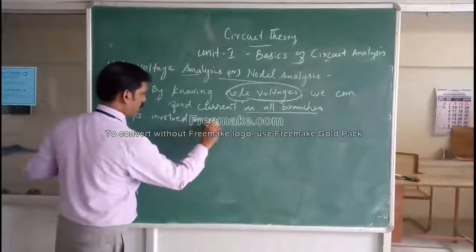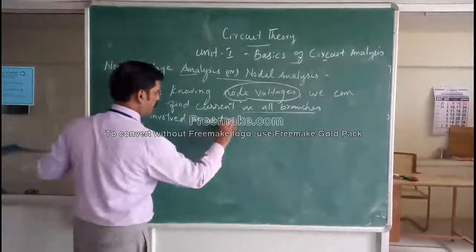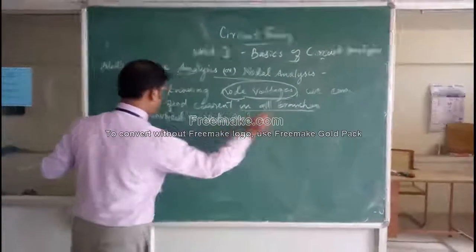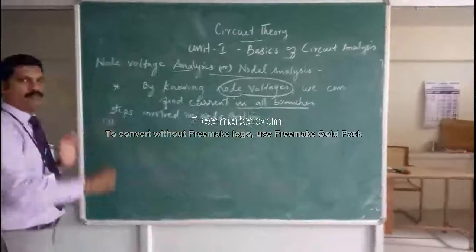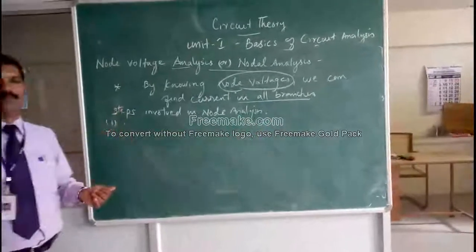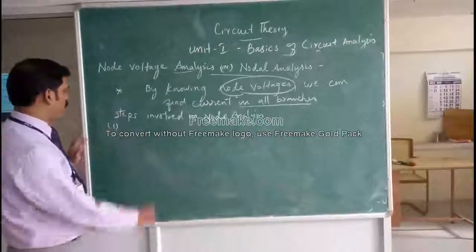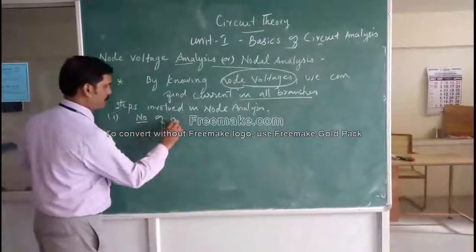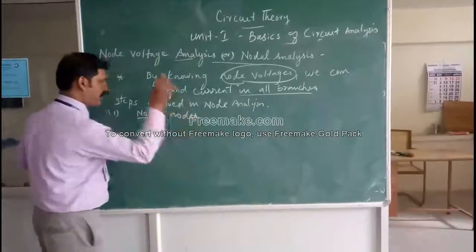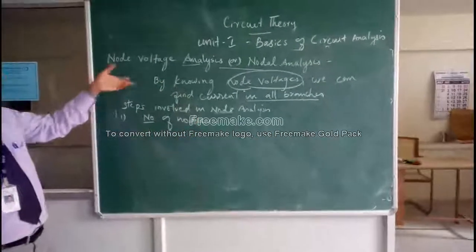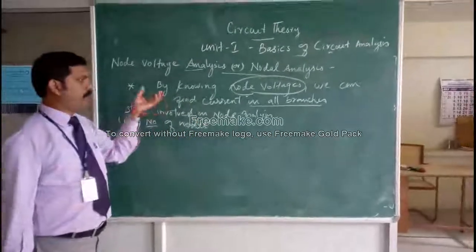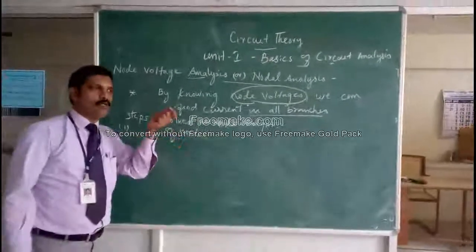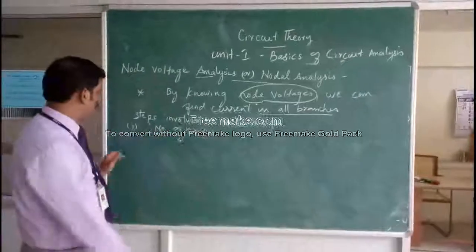in node analysis. What are the steps involved in node analysis? The very first step is, whenever you look at the circuit, you have to find the number of nodes. In mesh loop analysis we found the number of loops; the same way here we look for the number of nodes.